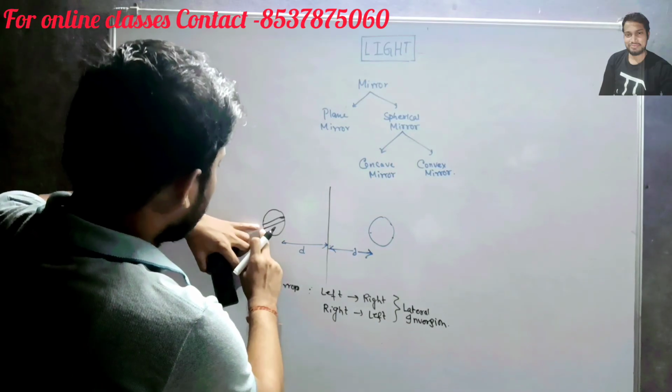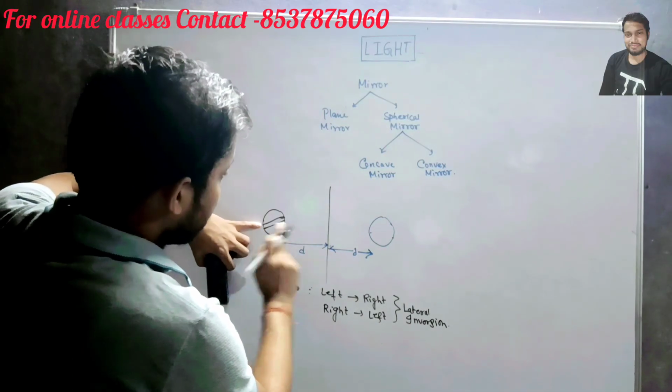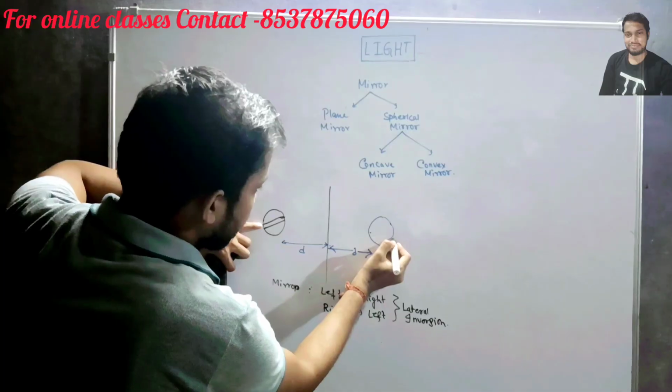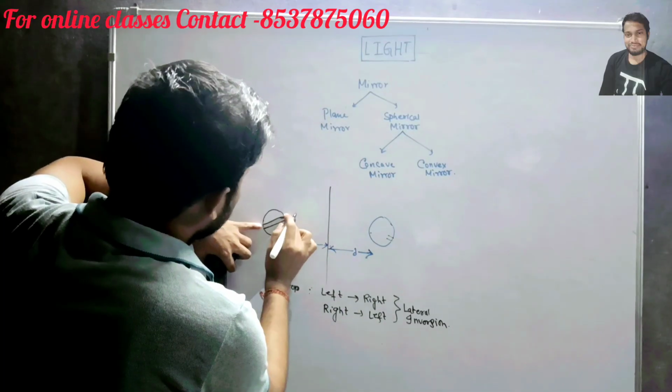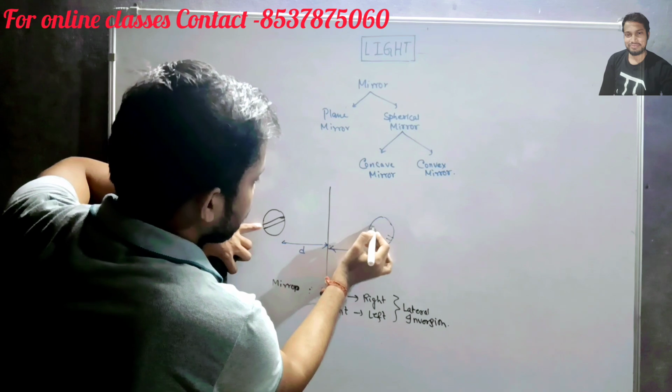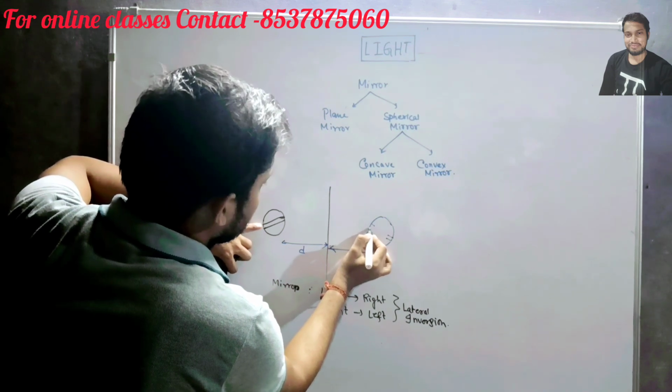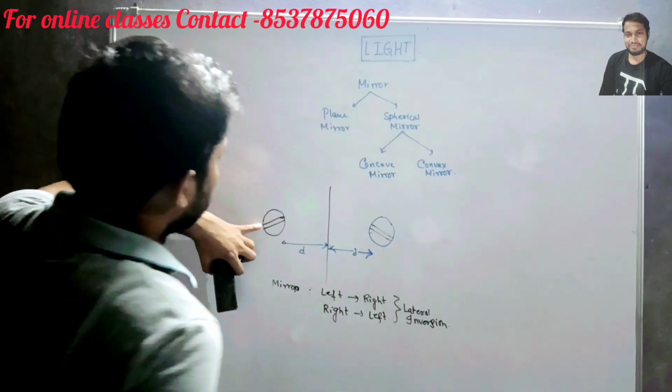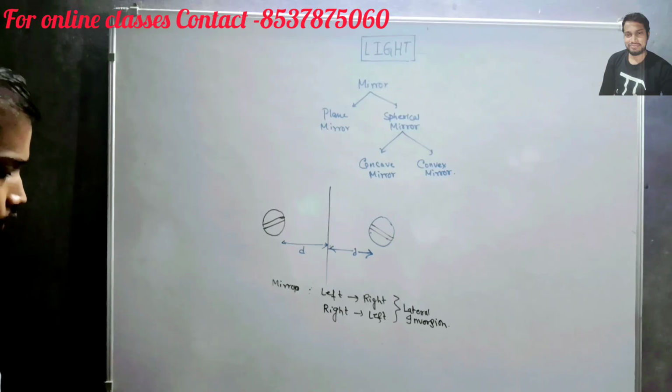That means the left part becomes right, so that portion comes here, and the right portion will come at the left position. So the image will become like this. This is basically the object.